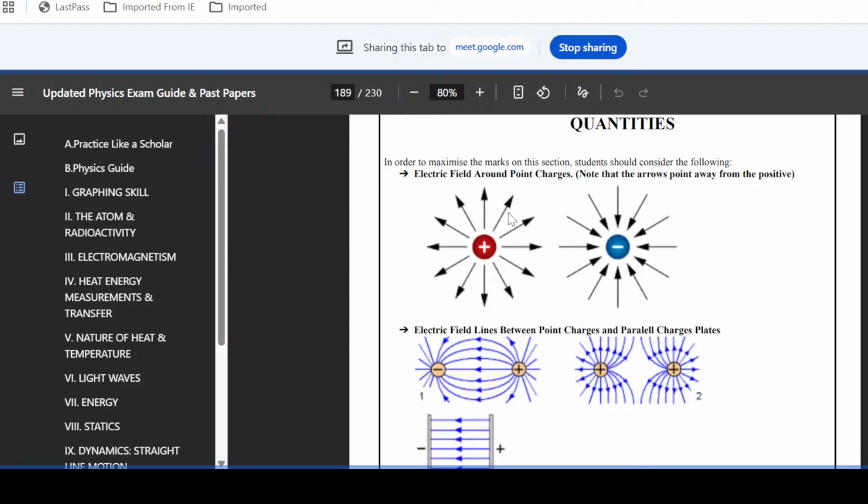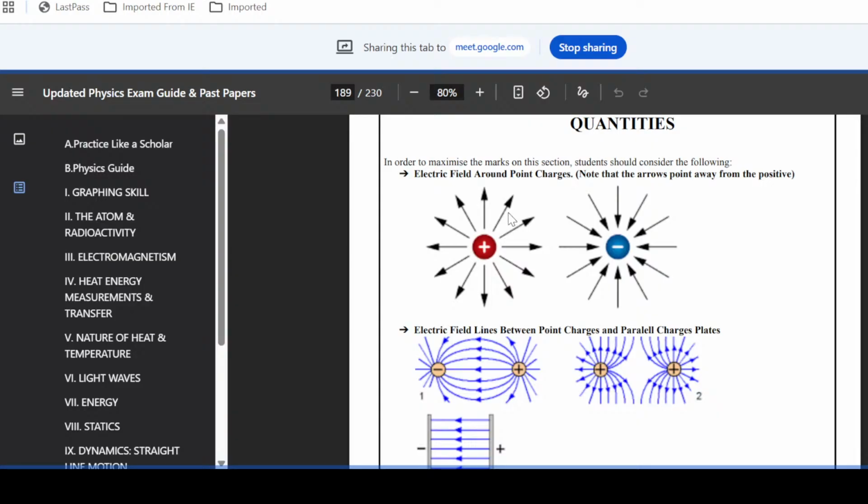The only case where you'd have to talk about electrons moving is if you're talking about charging by induction or charging by friction. Everything else you use conventional flow of current.